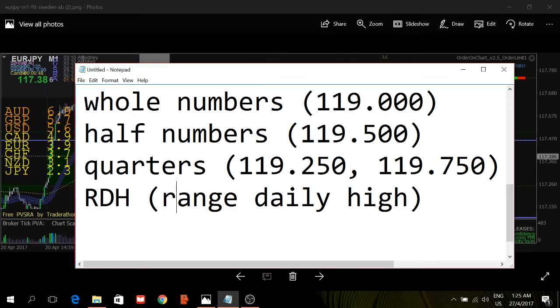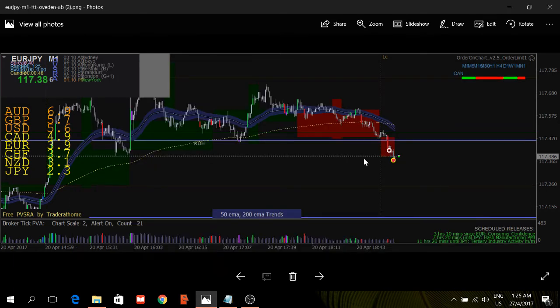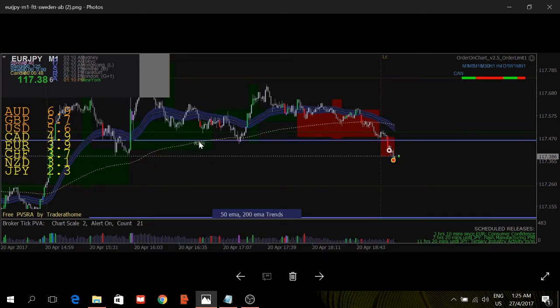It is a historical level, the break of the daily high, so the highest point in the day. So this was a historical high. Range daily high.